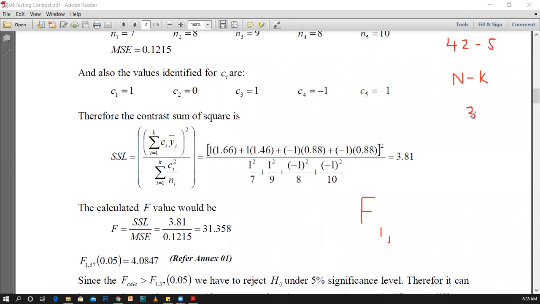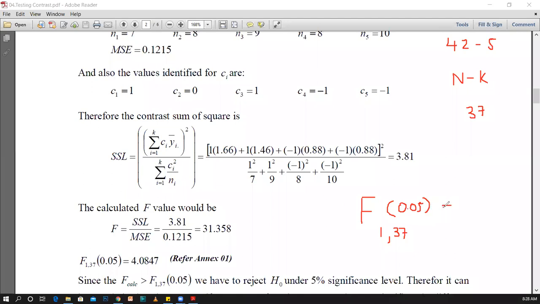Therefore, you get this value equal to 37. Once you check the previous ANOVA table, you can see that this 37 was the error degrees of freedom. Now you have to identify this at the alpha level. The value of alpha is 0.05, because the significance level was 5%.